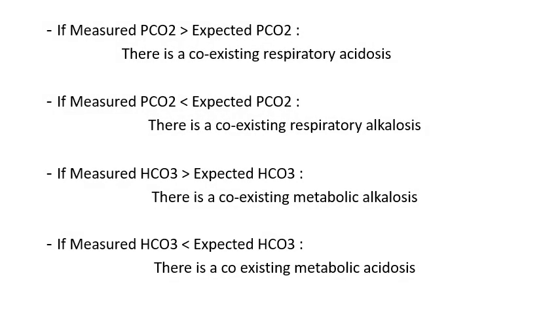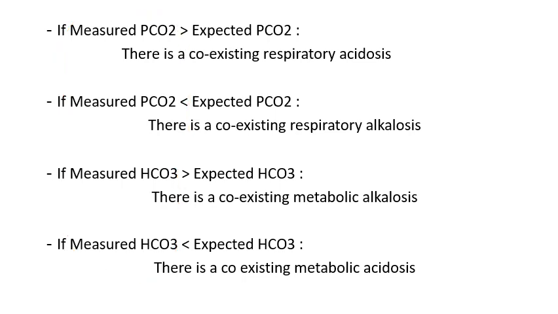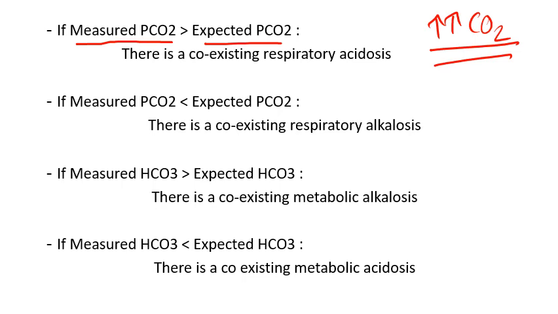When you use the formulas on the previous page, you will get the expected value of PCO2 and the expected value of bicarb. And when you look at the given ABG, you will get the measured value of PCO2 and the measured value of bicarb. By looking at them, you can figure out if there is a second acid-base disorder. If the measured PCO2 is more than expected PCO2, that is, there is more CO2 retained, can you remind me of a condition in which there is more CO2 retention?